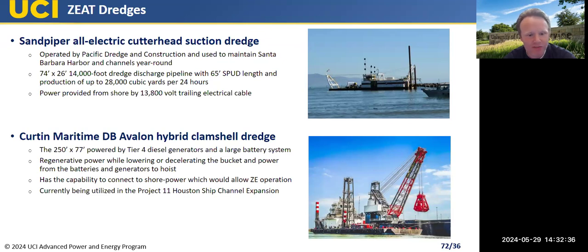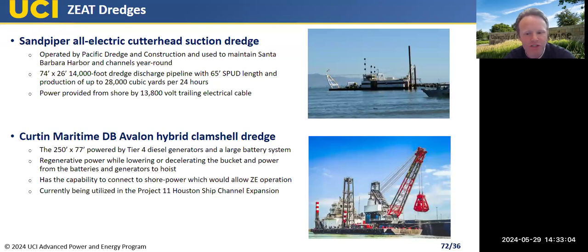It's a smaller dredge, but it's able to operate with shore power, so a trailing electrical cable is provided. So it's full zero emission. That's the kind of interesting project that might be applicable to other smaller harbors that need to do maintenance. Of course, there needs to be proximity to infrastructure so that you can run a trailing cable. But it is a very interesting example of ZEAT from a dredge.